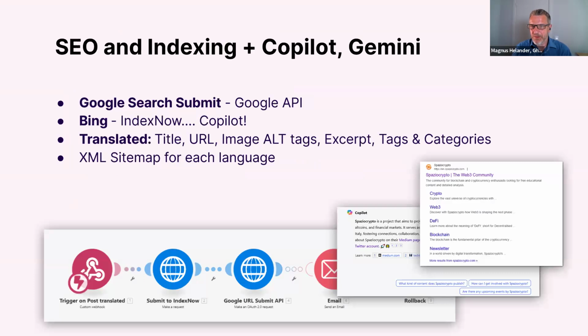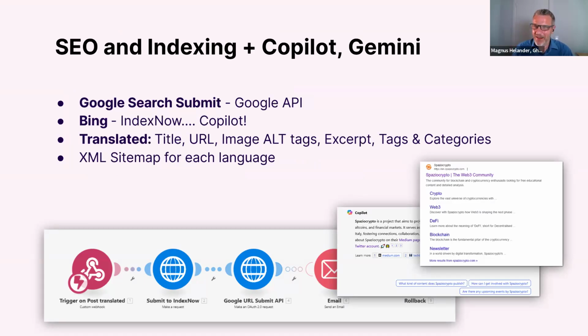And then we have to get them into SEO and indexing. One important thing is that these AIs actually read data from the web. And one thing that is new and kind of important is Bing, because previously no one was like, oh, what's Bing?